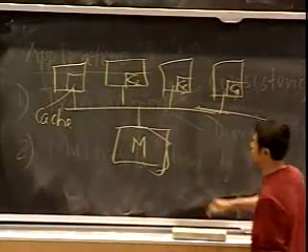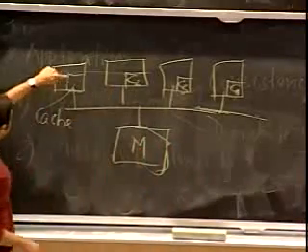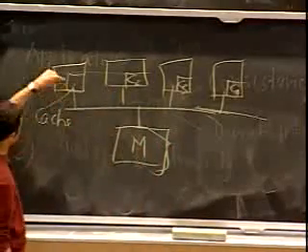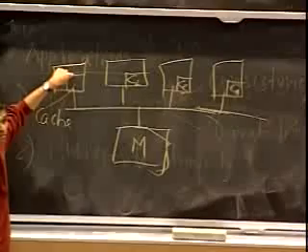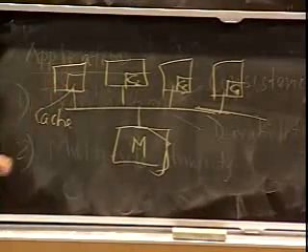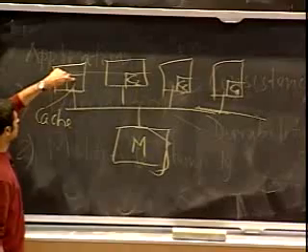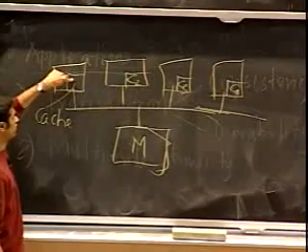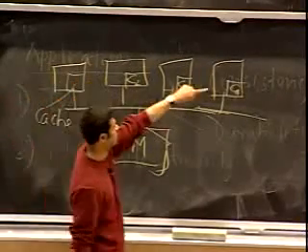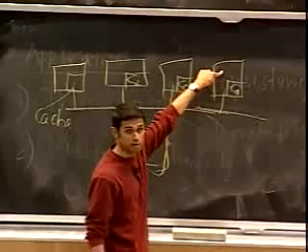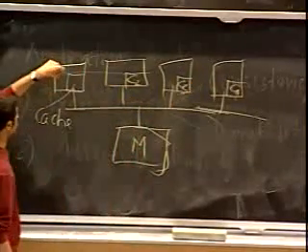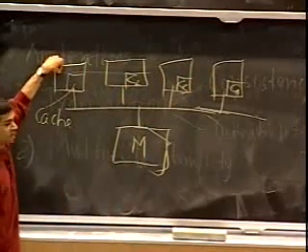When an instruction running on one of these processors wants to access some memory location, you could just read and write from the cache. The problem arises when a memory location is read here that was previously written by this processor. If you read it here, you might get an old version of the data.